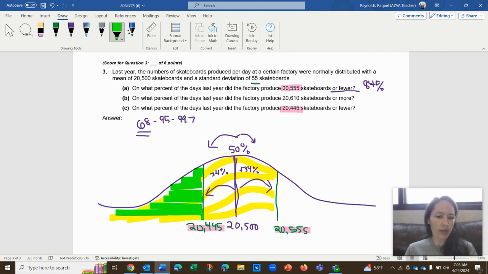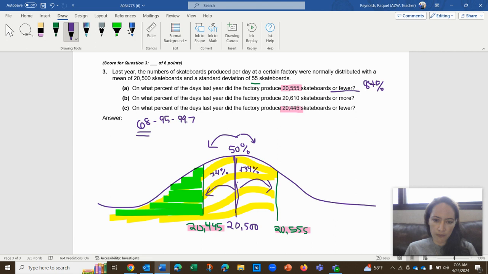Again, that's all right. We can figure that out with the empirical rule. Look, we're not using tables. We're not using calculators. We just know how the normal distribution works. So we can make good estimations when we're talking to our employer, when we're thinking about our factory, when we are just trying to determine if we want to make a change. So let's see if this percent of days is acceptable.